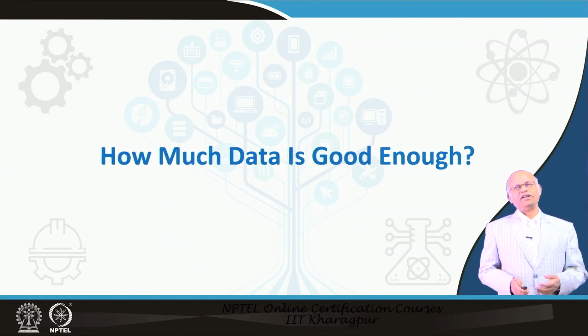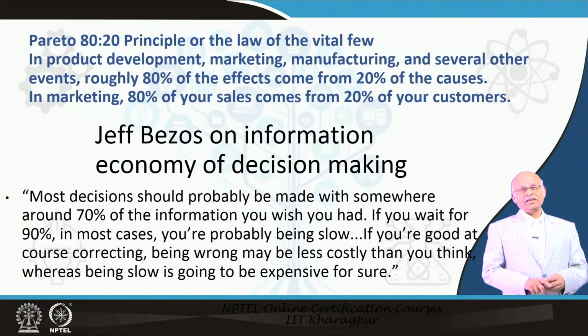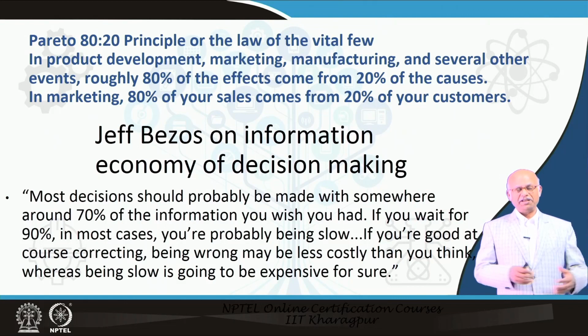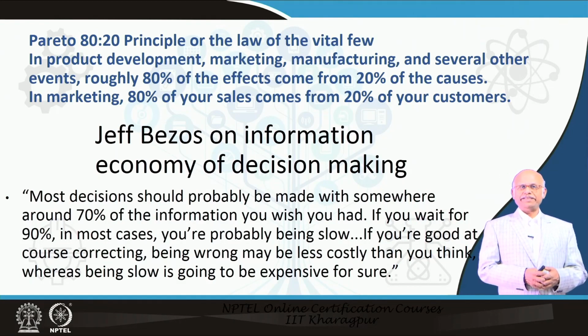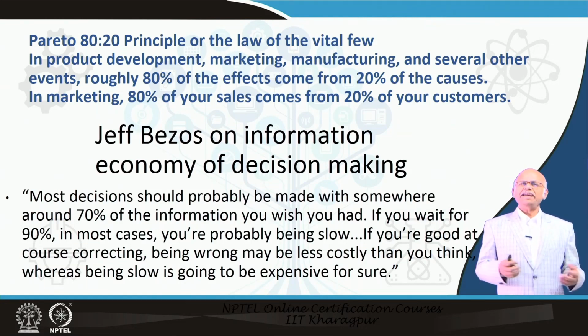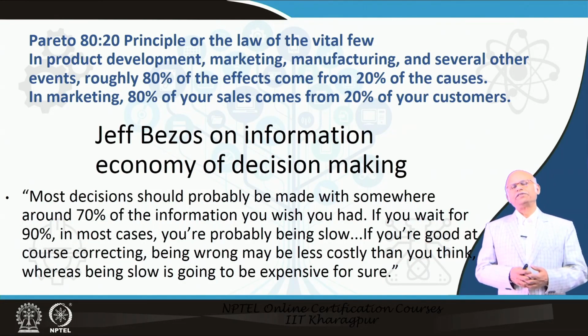How much data is good enough? If you have heard about the Pareto 80-20 principle, here is some elaboration. Pareto said that in production, marketing, manufacturing, and several other things, roughly 80% of the effect comes from 20% of the causes.